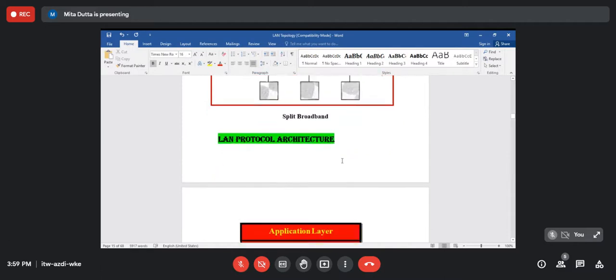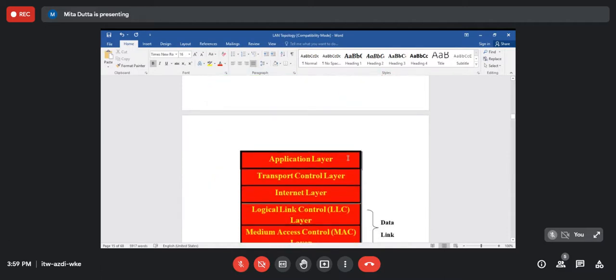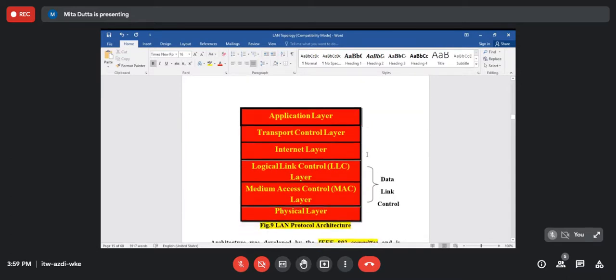Now the LAN protocol architecture has a 5-layer architecture. The bottom layer is the physical layer, which is implemented in hardware. Then the MAC layer and the LLC. Here the data link layer in case of LAN we divide into two: one is the medium access control layer and the other is the logical link control layer.